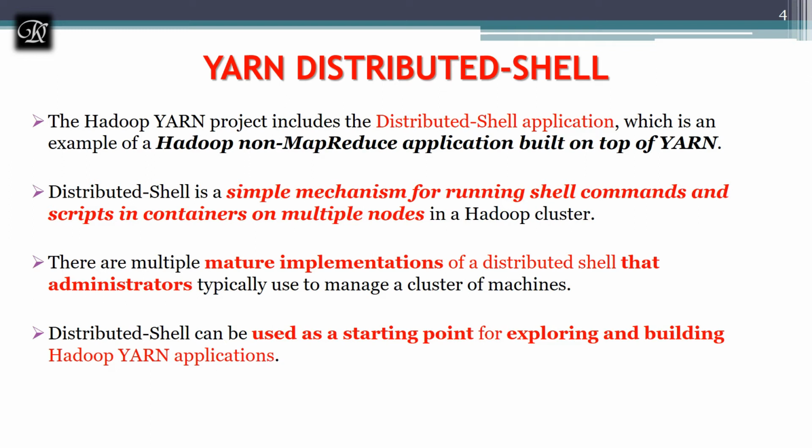It is a simple mechanism for running shell commands and scripts in containers on multiple nodes. So when the shell is distributed, I can sit on one remote machine in my cluster and run the commands from there towards my Yarn. That is what the distributed shell is all about.